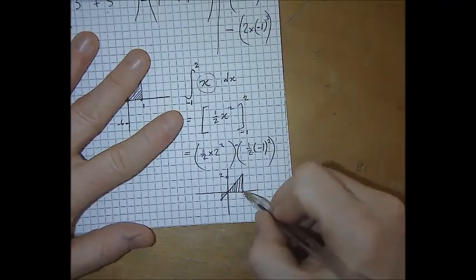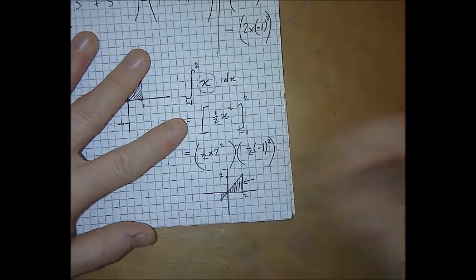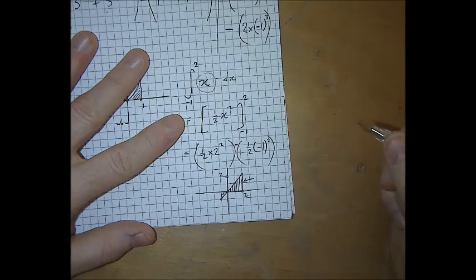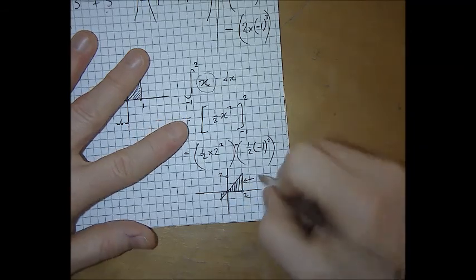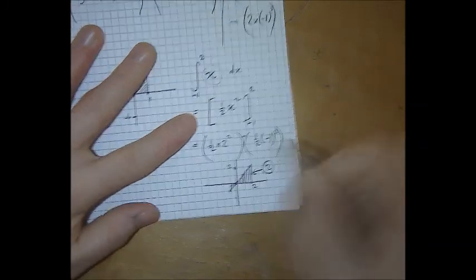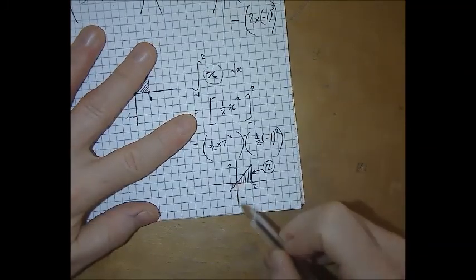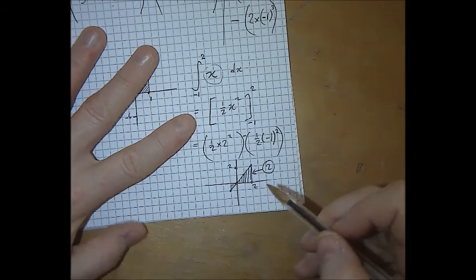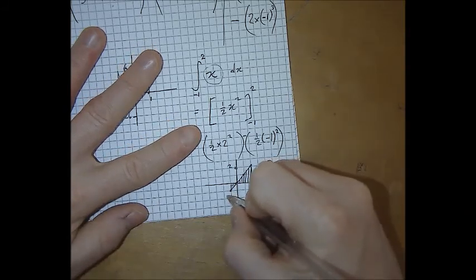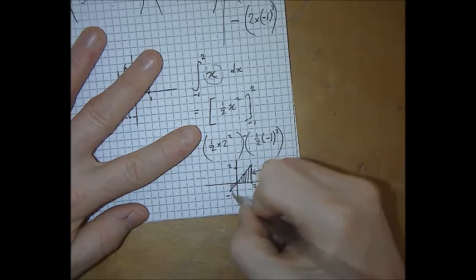This is a triangle of base 2, height 2, so half the base times height is 2. This is a triangle of base 1, height 1, so half the base times height is half. But because this is below the x-axis, we write -half.